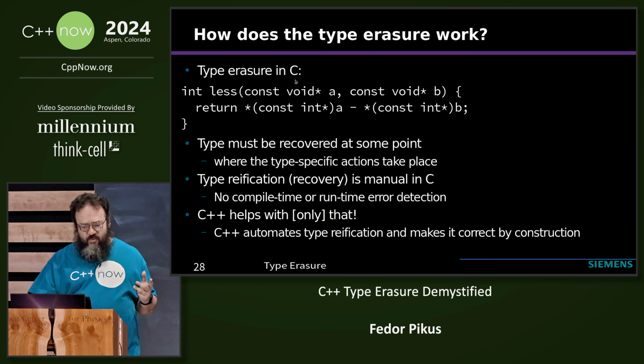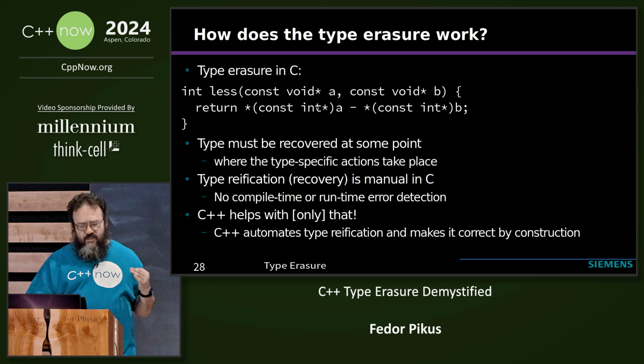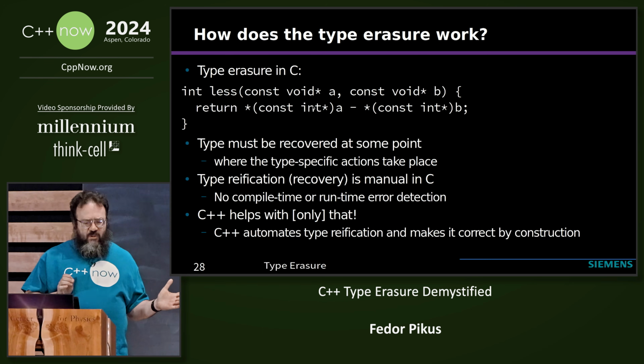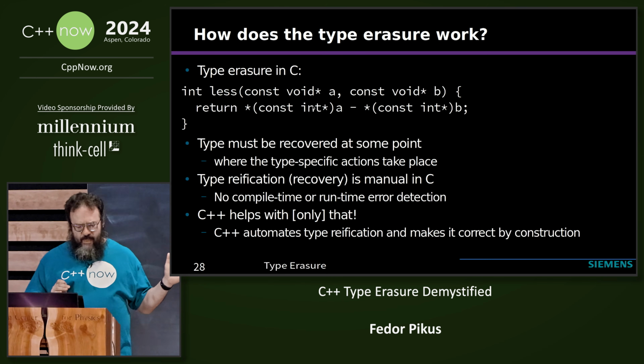So this function performs the reification and executes type-dependent code. Reification in C is manual. There is no compile time or runtime error detection in this.